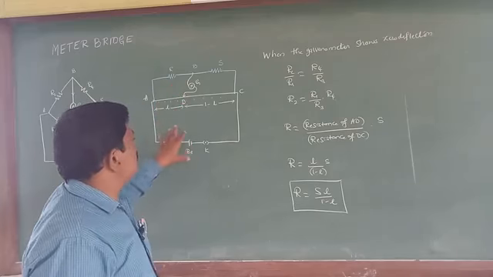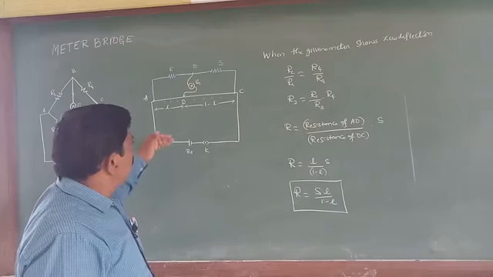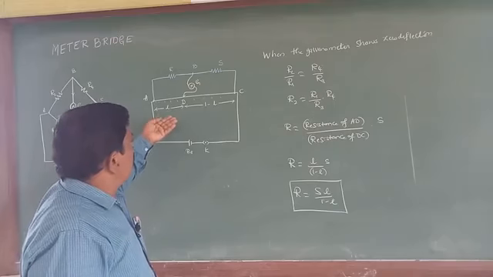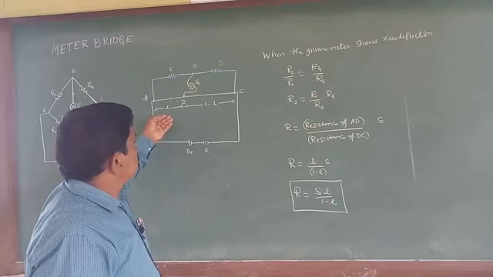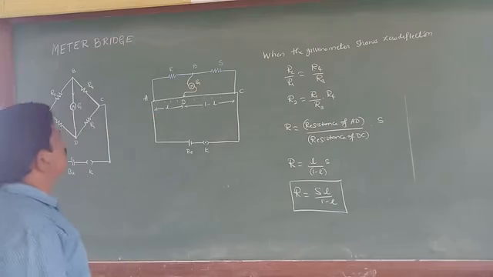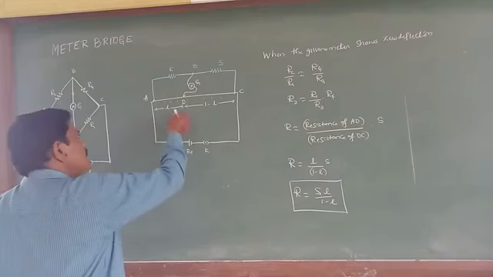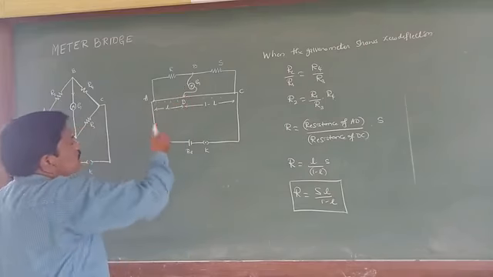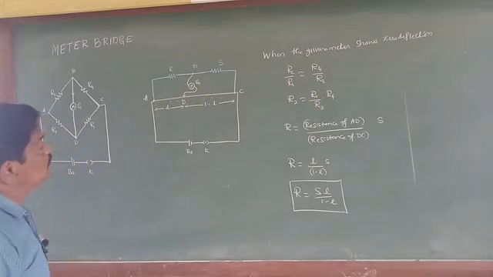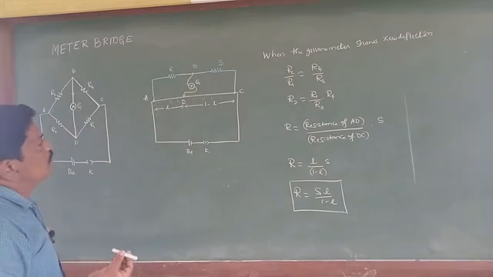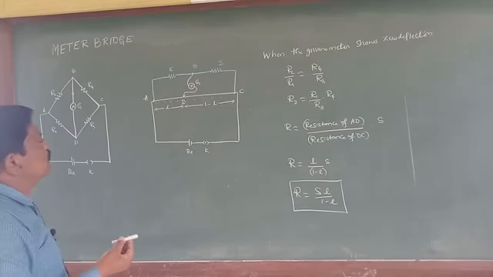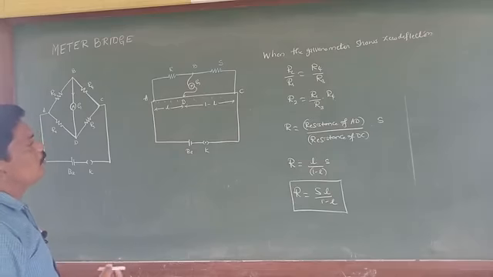So this is a most valuable experiment, because we can easily measure resistance, and it has many applications. We can also measure EMF, compare EMFs, and find the internal resistance of a cell or battery.